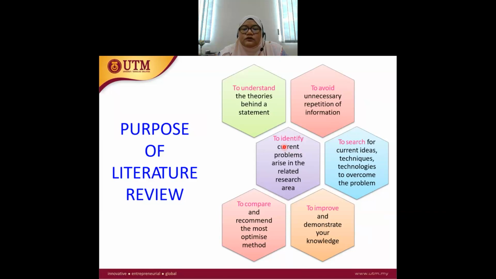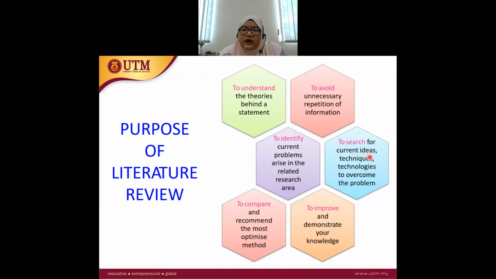Third, to identify the current problem arising in the related research area, which means by reading the literature review, you are aware of the current problem. When you do the literature searching, you must know what the problem behind your topic is in your related research area.